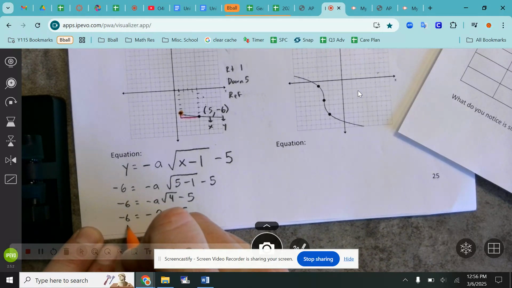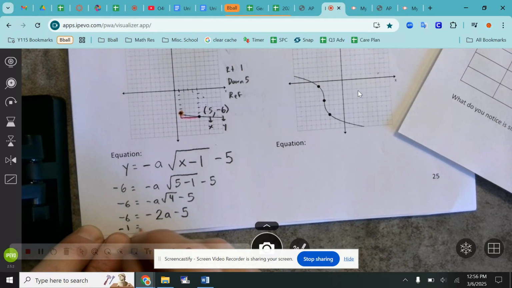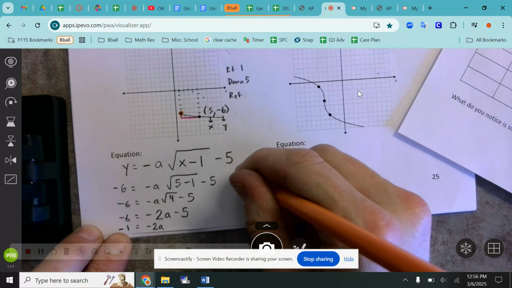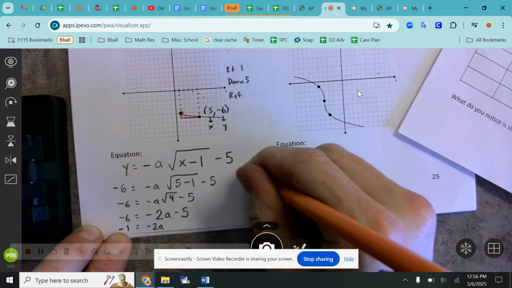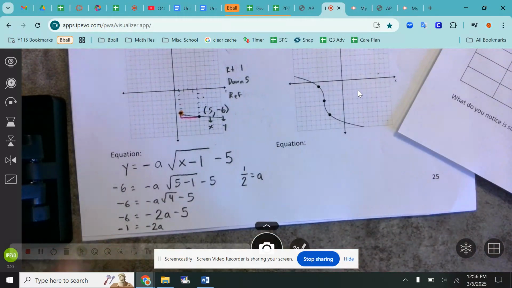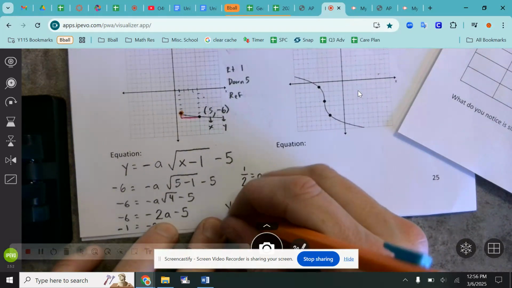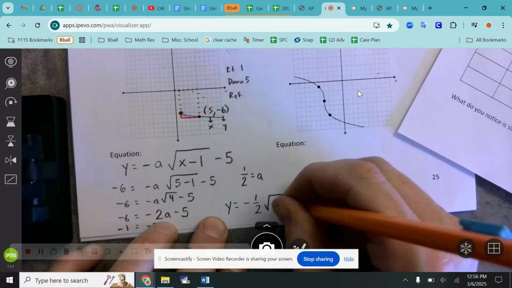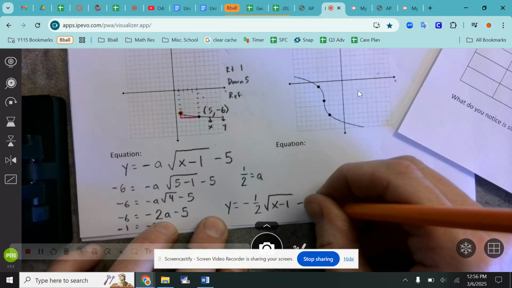Negative 6 plus 5 is negative 1. And then if I divide by negative 2, negative 1 divided by negative 2 is positive 1/2. Okay? So that means my equation is now y equals negative 1/2 root x minus 1 minus 5.